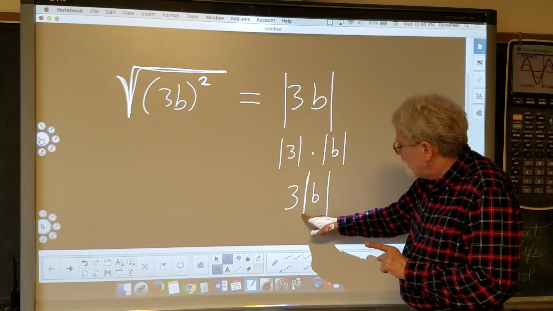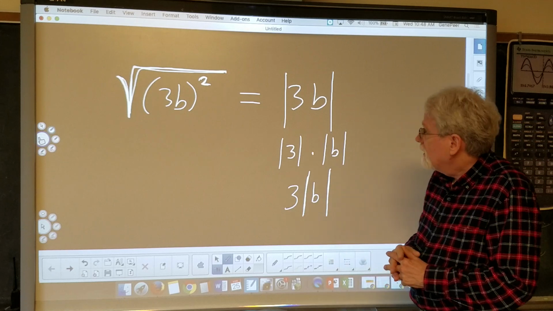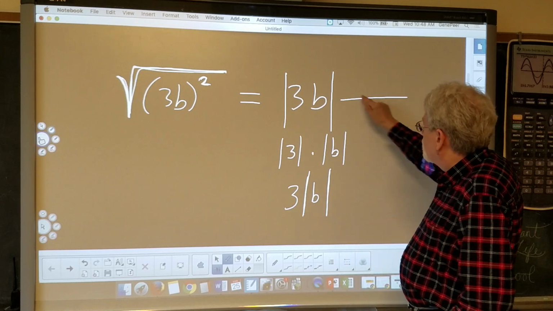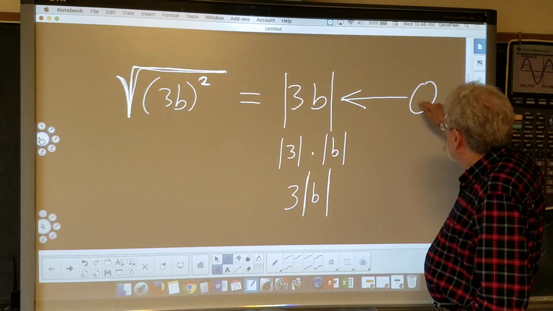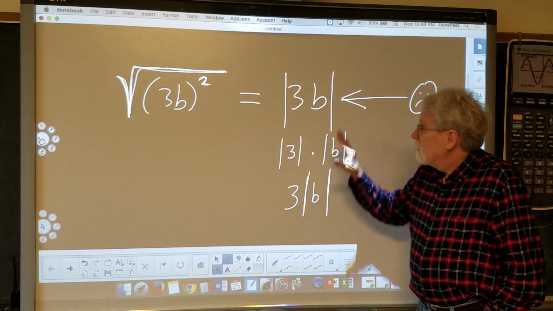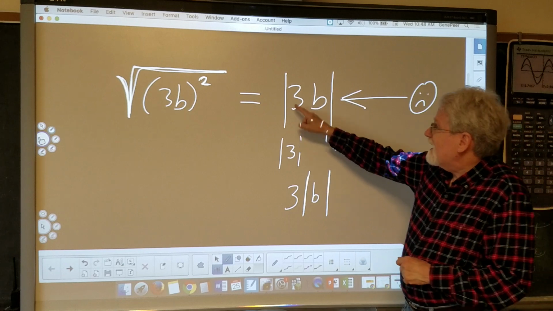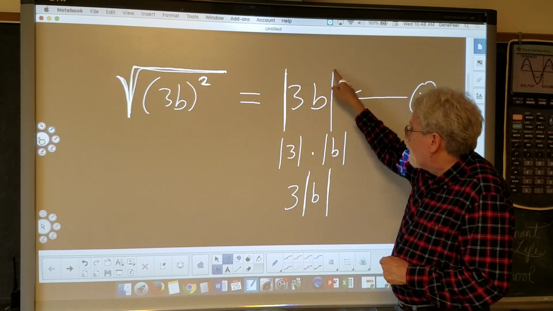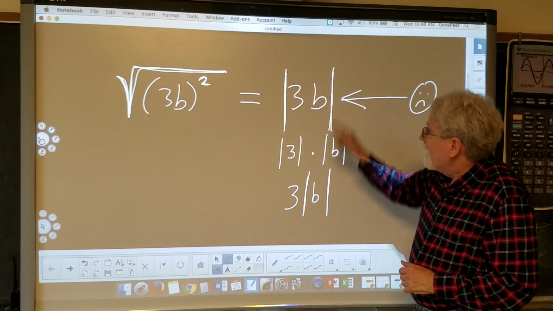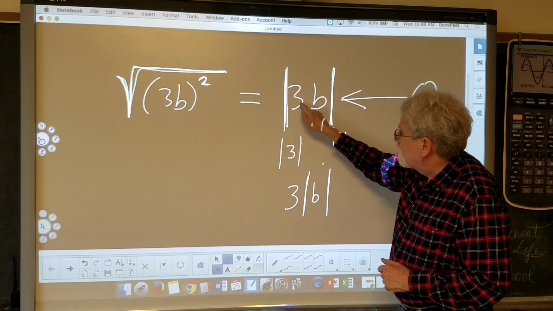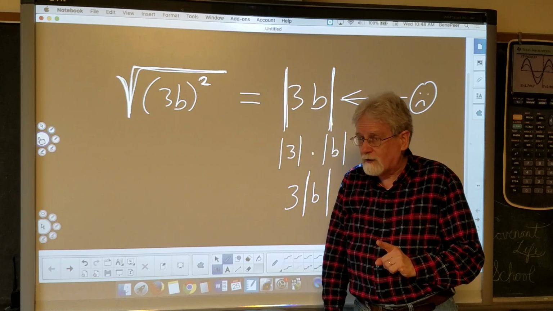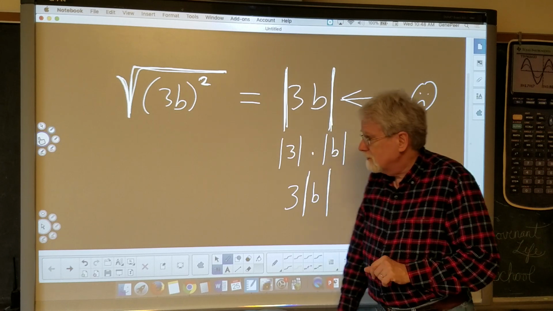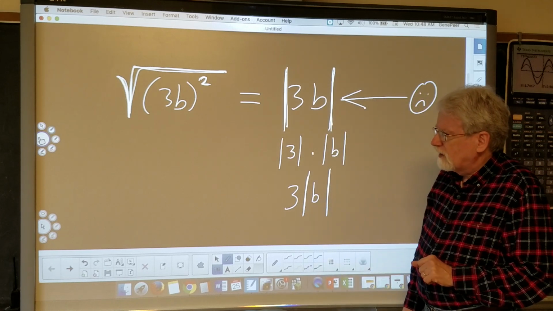So we have to keep the absolute value sign. And this is not considered simplified. Not yet simplified. It's not simplified until you've taken out everything that we know the absolute value of. And I know the absolute value of 3, so it comes out. It's very similar to the old concept of pa-ching, which I don't think we've done in one of our videos yet.